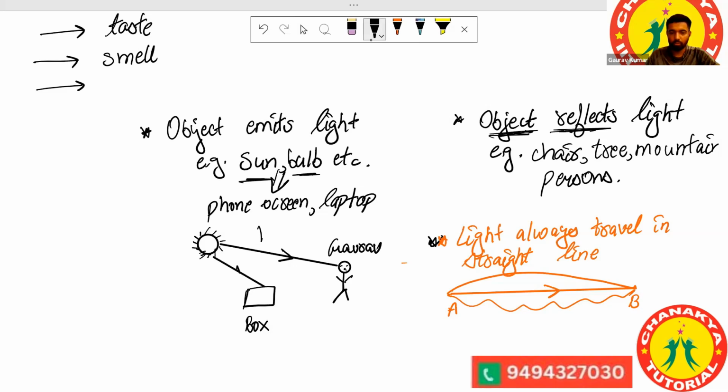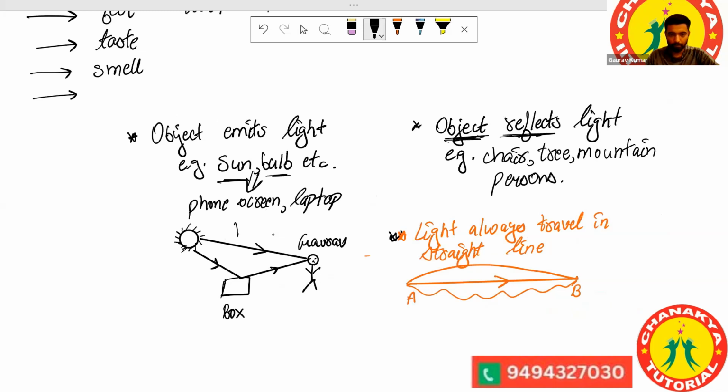One ray comes to this box, and this box reflects another ray towards our eyes. Did you get it? How are we able to see this box? With the help of reflection of light, we are able to distinguish if there is a box or not.